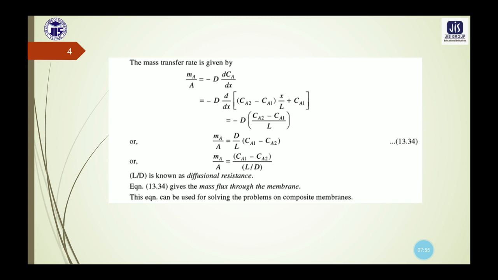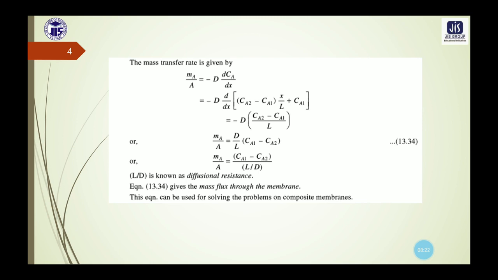If we do the differentiation, we get minus D into (CA2 minus CA1) divided by L. d/dx of CA1 will be 0. Now MA by A equals D by L into (CA1 minus CA2), or MA by A equals (CA1 minus CA2) divided by L by D.